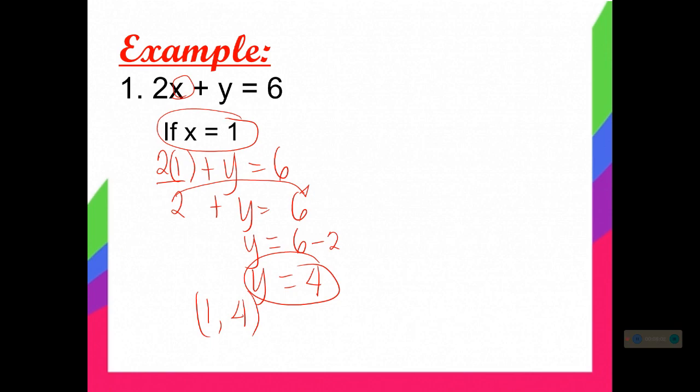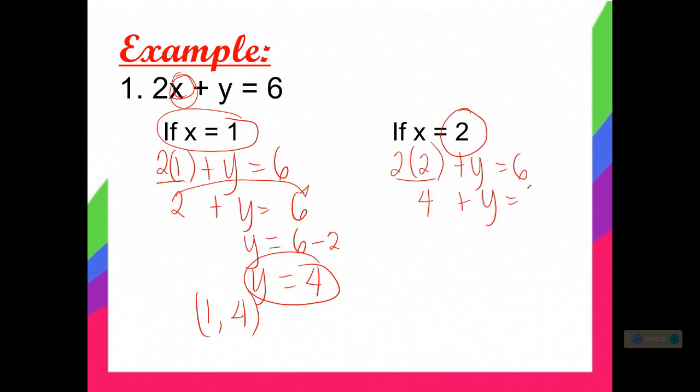Okay. What if your x is equal to 2? So, therefore, you are going to substitute 2 in place of x here. So, you will have here 2 times 2 plus y equals 6. 2 times 2 is 4 plus y equals 6.